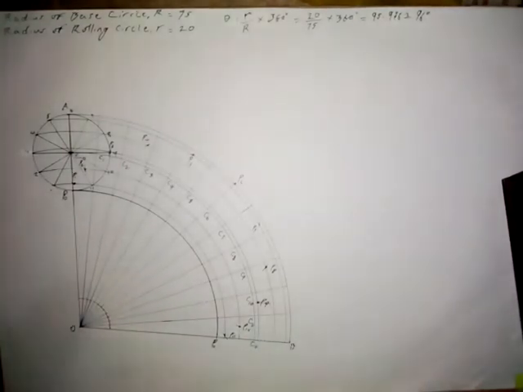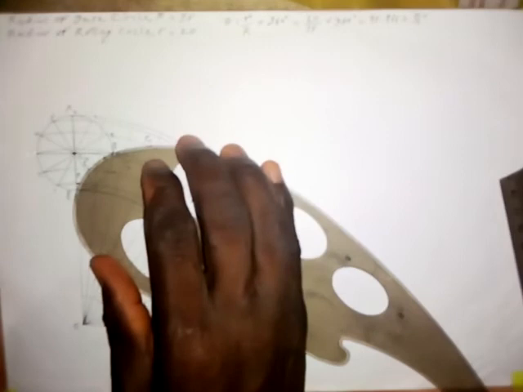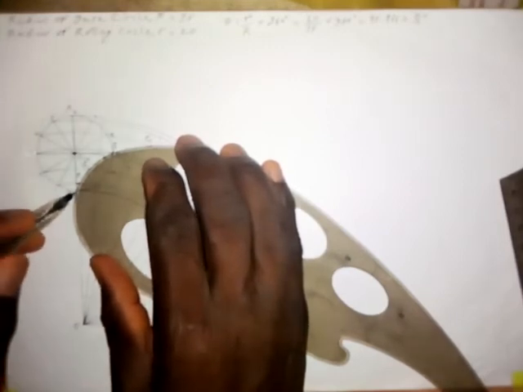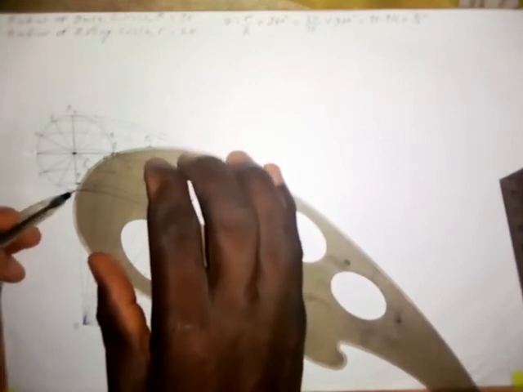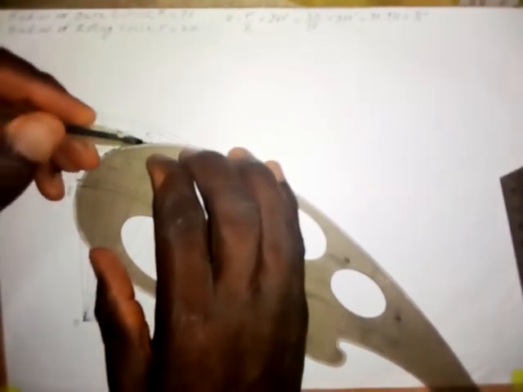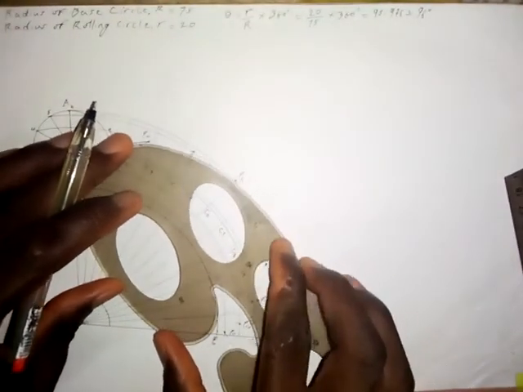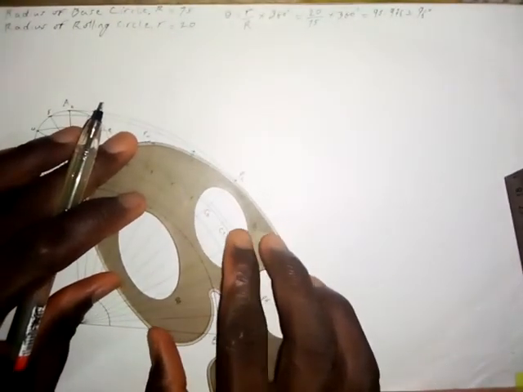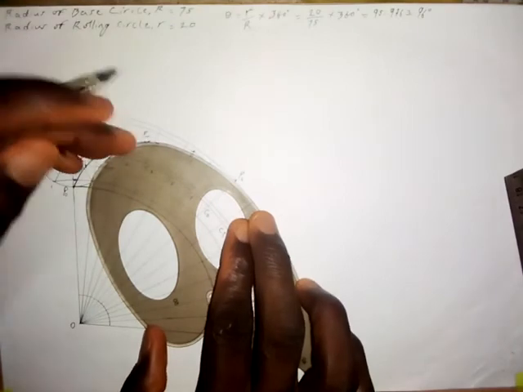Alright, so the next thing that we are going to do is to use our French curve to join the points together, starting from here. Join these 4 points together. Then I can join these 3 points.